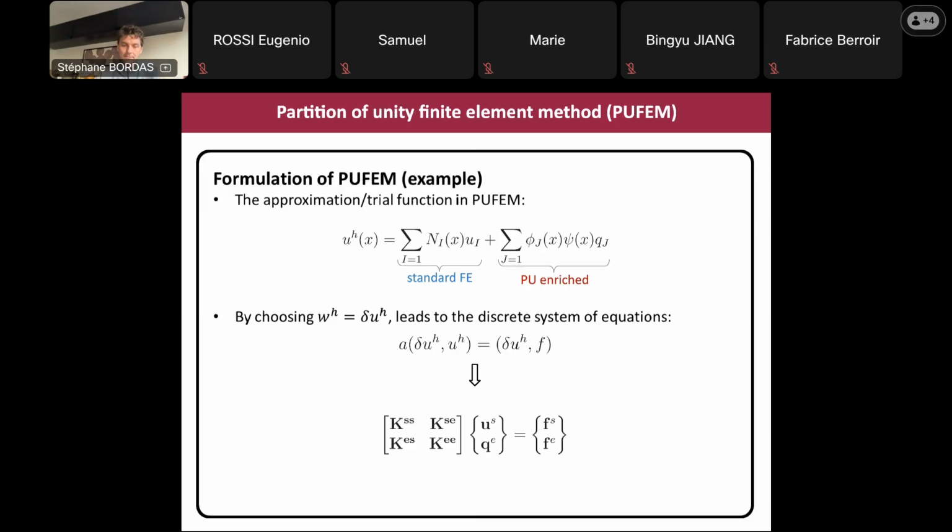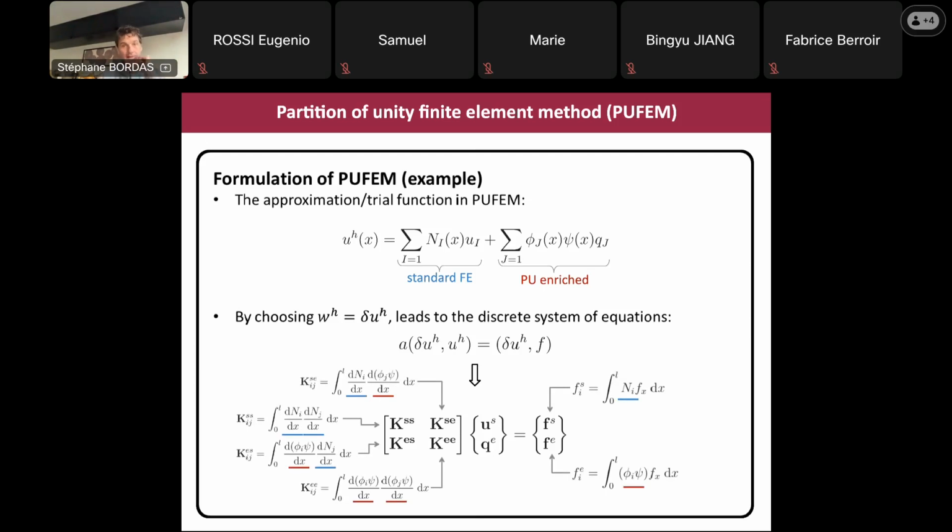So I hope that makes sense. Okay. Now, how do you compute those terms? You compute them exactly like that. So you can take a look. It's pretty simple.